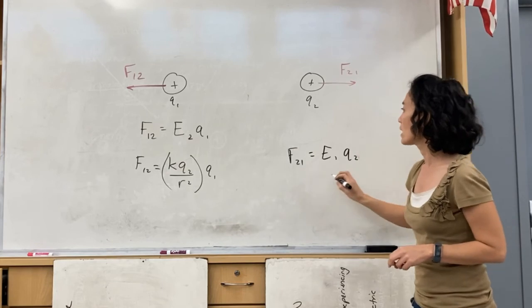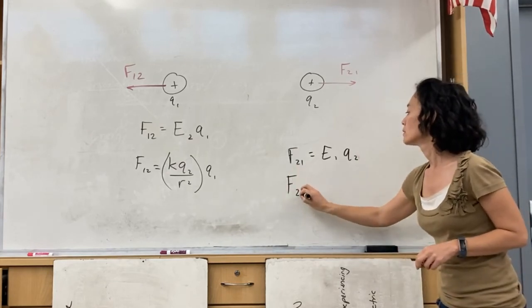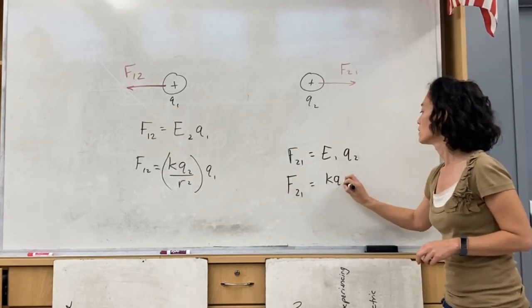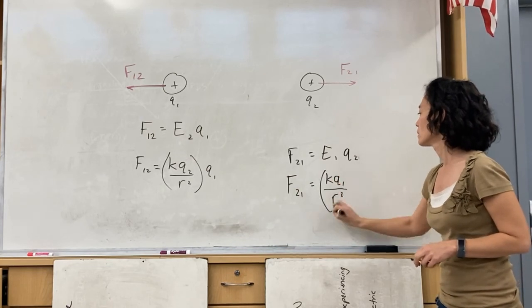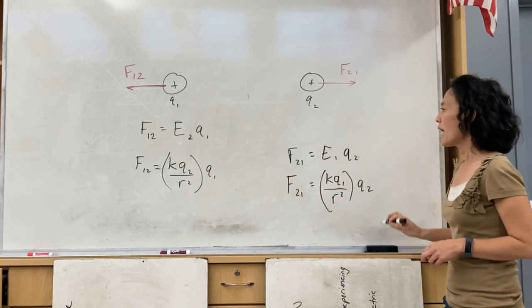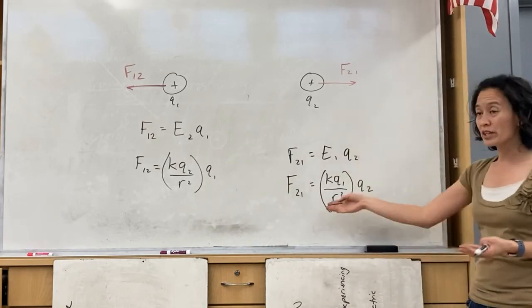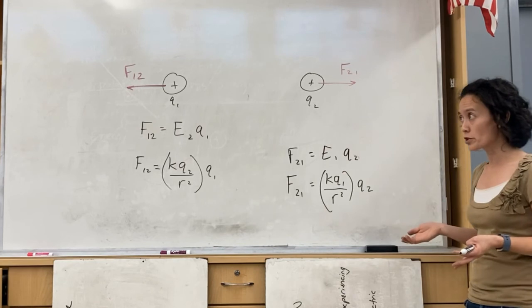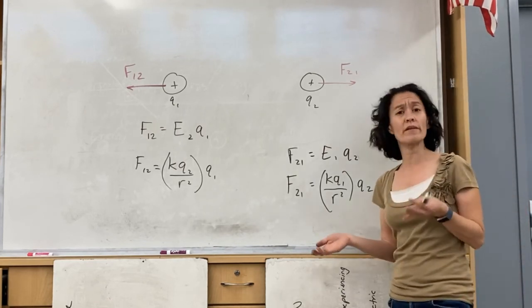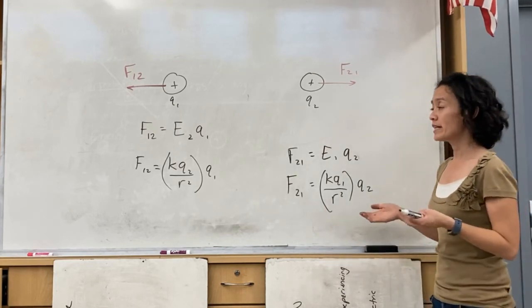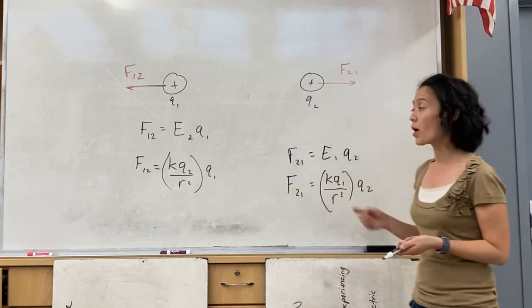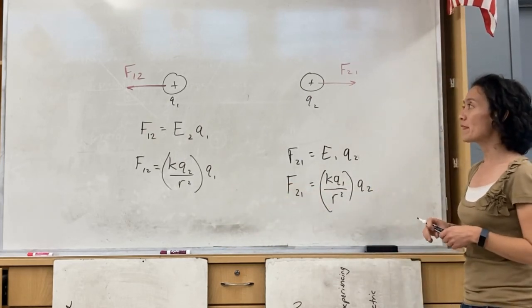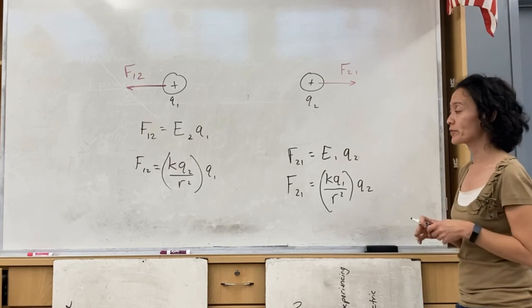So this would become, and they're the exact same. If you look at the products, they're the exact same. So electrostatic force is a mutual force. It's very similar to the gravitational force, both in its nature and the mathematical model. They're just in opposite directions, okay?